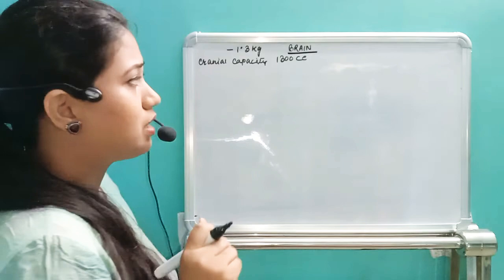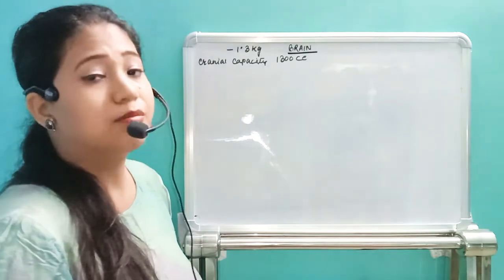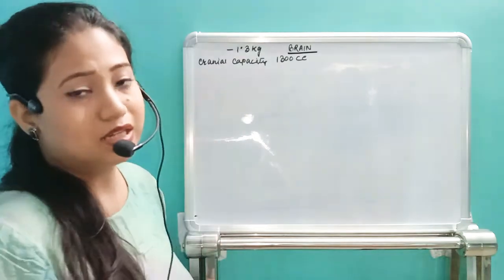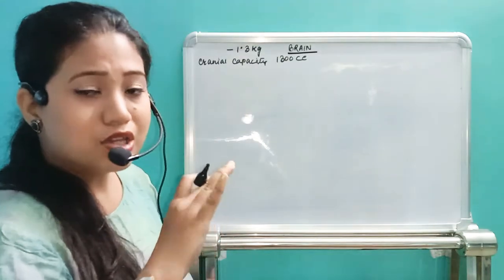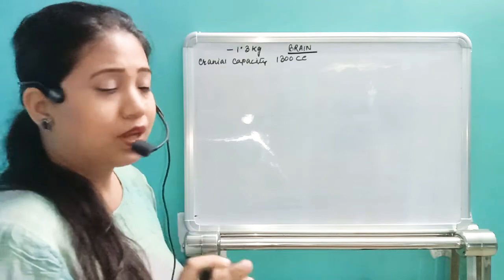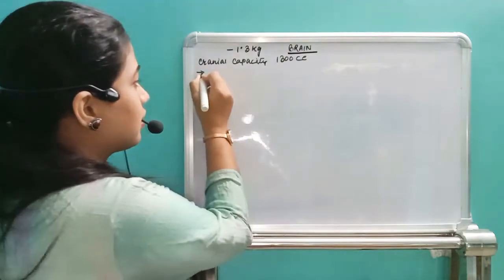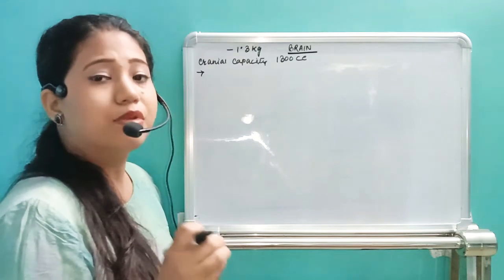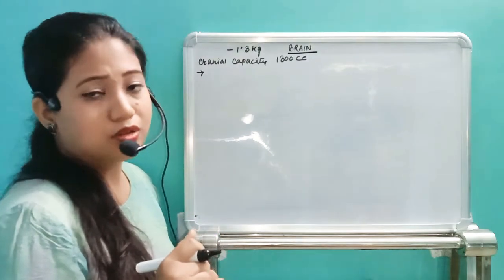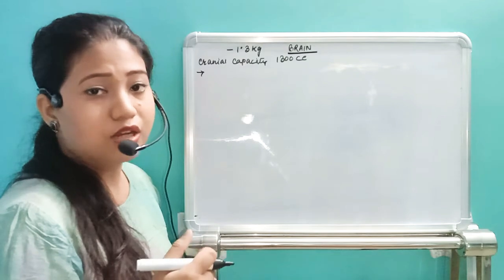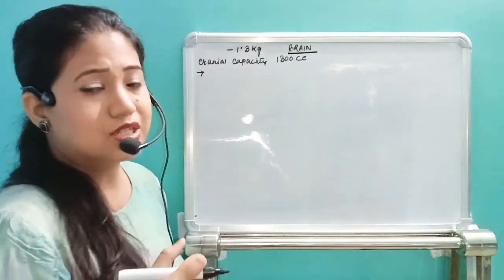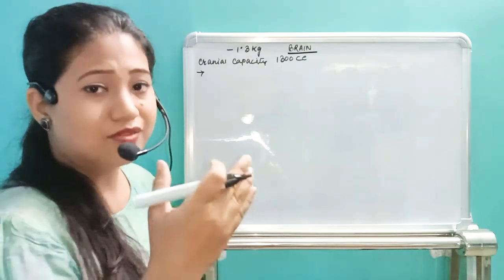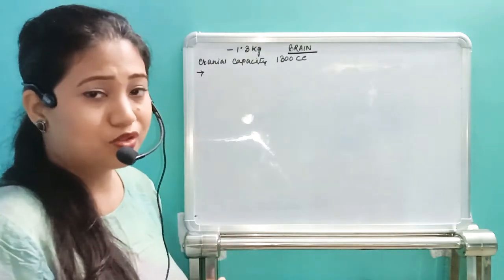Next, if it comes to our brain, the brain increases its surface area. Remember one thing, the brain is not a smooth surface. To increase the surface area, the brain has a number of convolutions so that it can accommodate maximum neurons. Suppose, we have already seen in the digestive system, in the small intestine we have the villi, so that absorption can be possible.